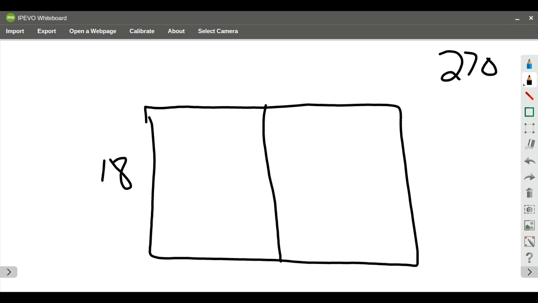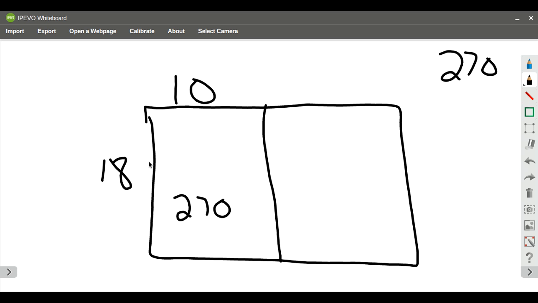So I'm going to write in here 270 because that's what I'm starting with, and I need to think how many tens I can get. So 18 times how many tens is going to get me to 270? And when I look at that, it's going to be 10. So up here, I'm going to write 10.